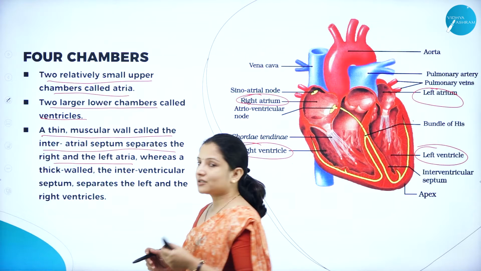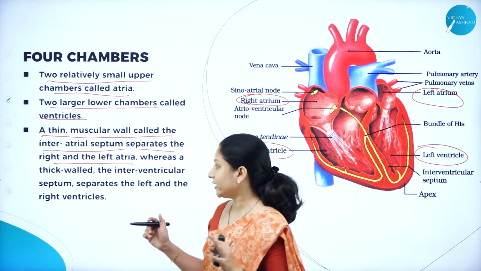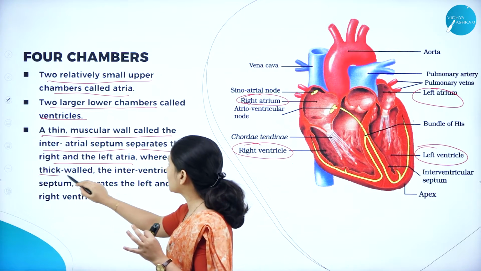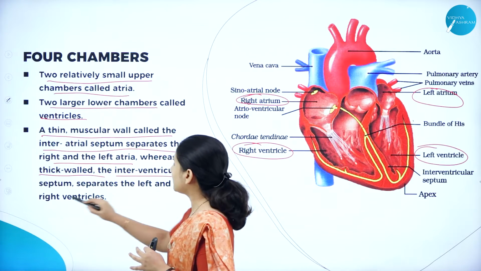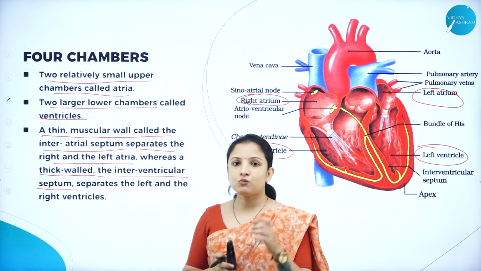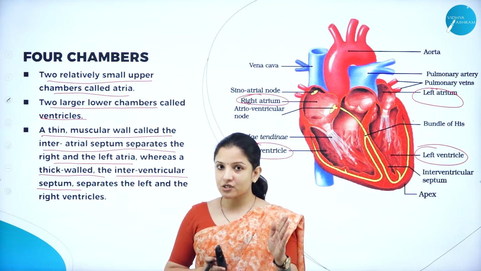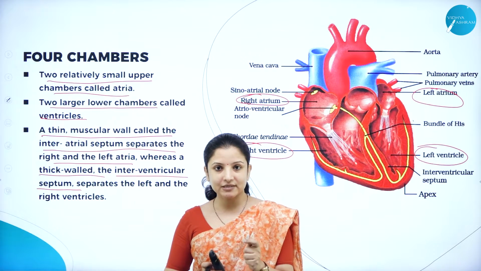Next, talking about the ventricles. How is the left ventricle separated from the right ventricle? Between the left and the right ventricle, there is a thick wall, which is called the interventricular septum. So what are the two walls that form the chambers? The left atrium and the right atrium are separated by the interatrial septum.